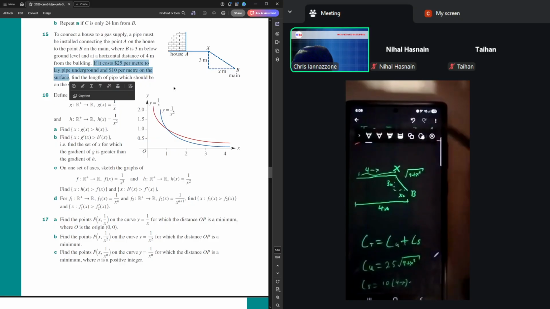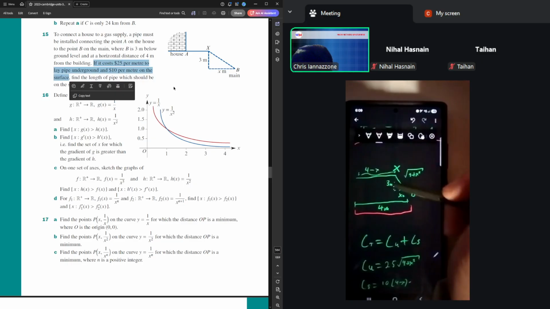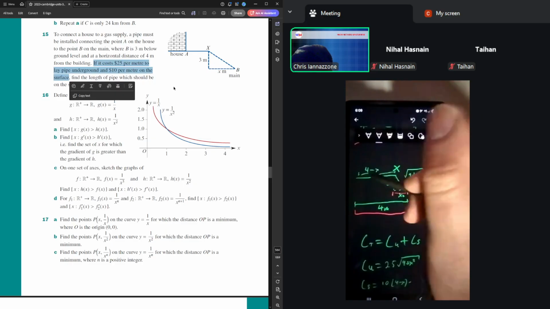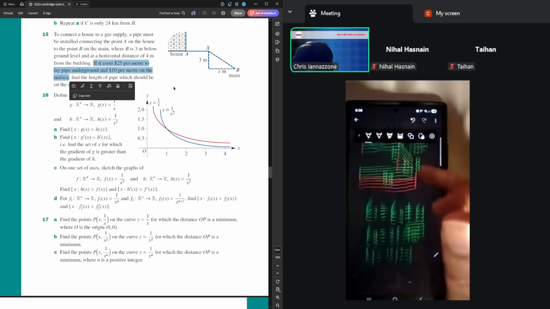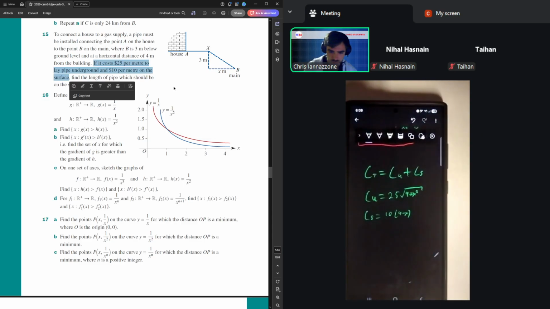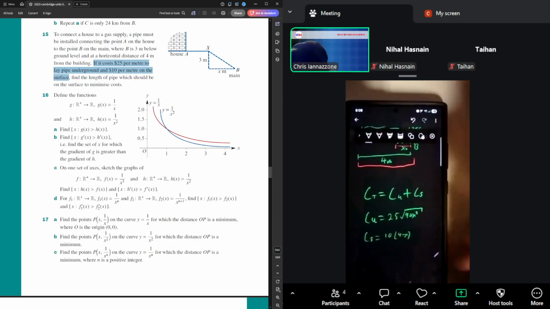Oh, I didn't really specify this before. The reason this part's 4 minus x is because 4 total, and then you got this x portion of it that you're subtracting from it. So from here to here is therefore 4 minus x. Just in case anyone was still confused as to where that was. Okay, we have both of these. We're just going to add them together, right? This plus that.